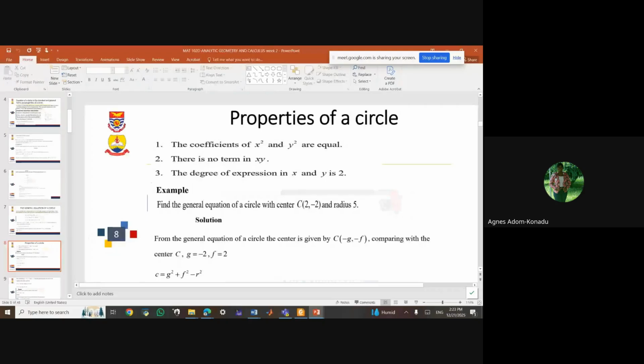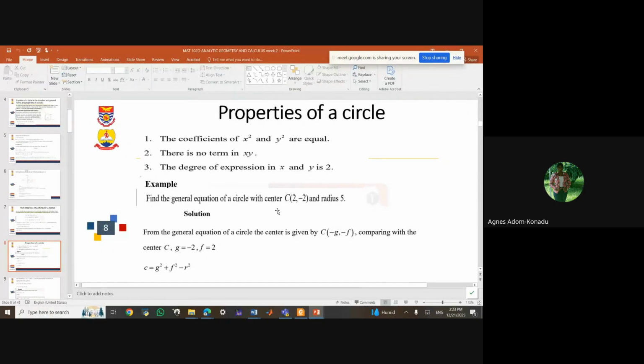Okay, so let's see what I have here. From the general equation of a circle, the center is given by (-g, -f). Comparing with the center here, my g is -2 and my f is 2. And then I know that in the general formula, I have to find c.